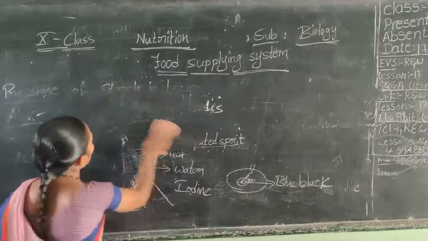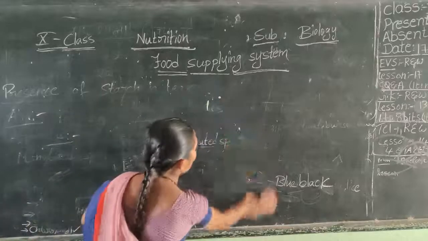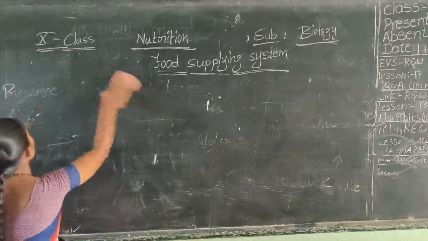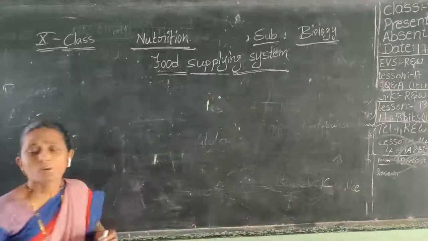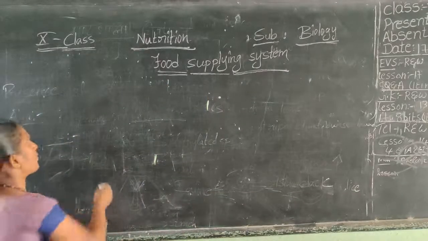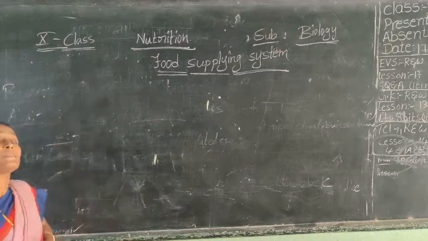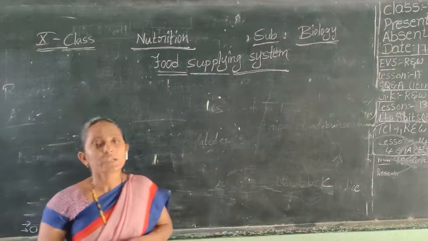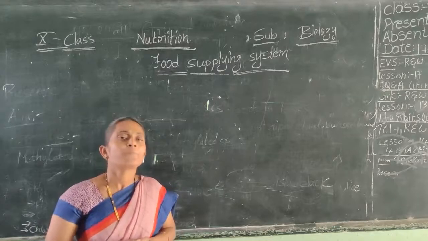So the first factor is water. Water is the first factor that plays a major role in the photosynthesis process. In the previous class, that is in 7th class, we already studied this in nutrition. Yes or no? Yes.